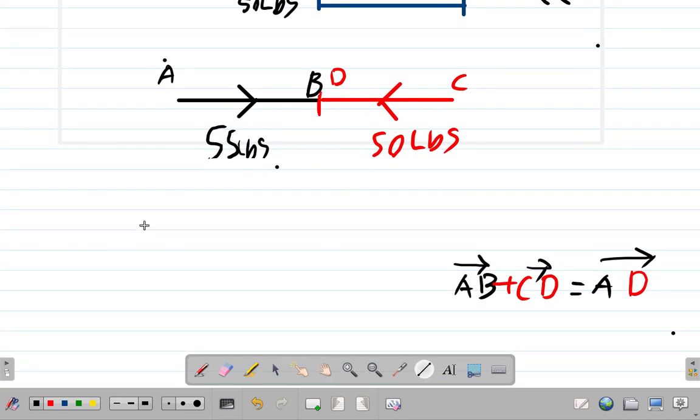The vector to the right will get a little longer. 50 pounds of this vector will be cancelled by 50 pounds of this whole vector and leave this.